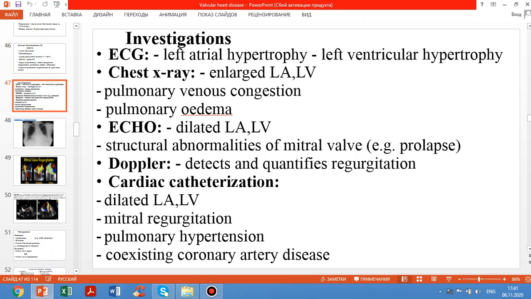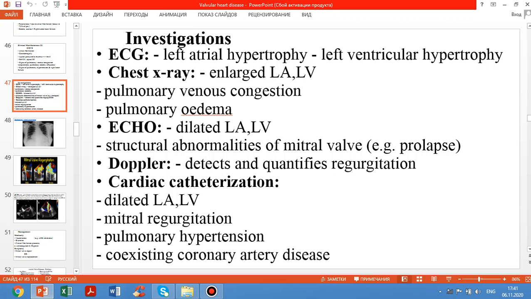Investigation. In ECG, you can see left atrial hypertrophy and left ventricular hypertrophy. In chest X-ray, enlarged left atrium and left ventricle. Pulmonary venous congestion is also there, and pulmonary edema. In echocardiography, dilated left atrium and left ventricle, structural abnormalities of the mitral valve or prolapse.